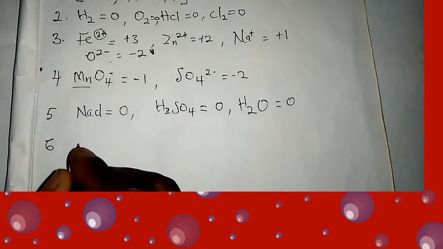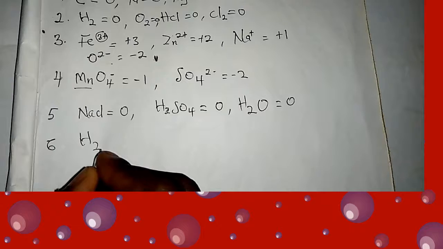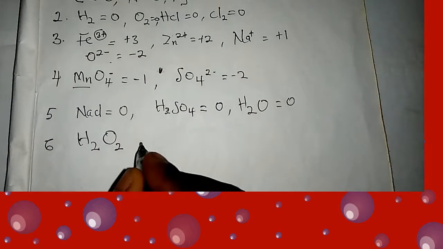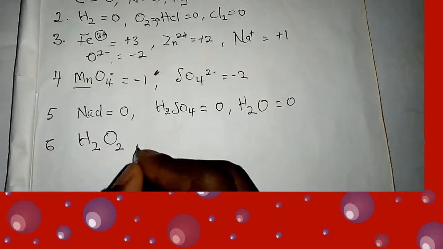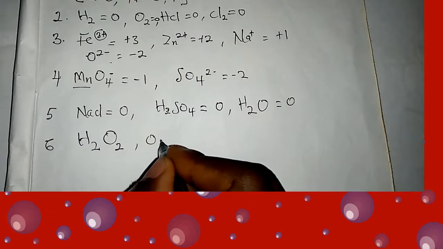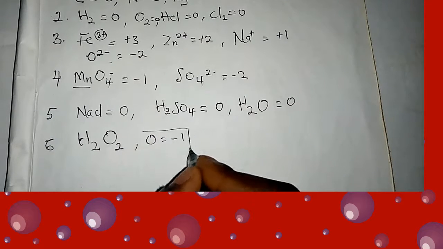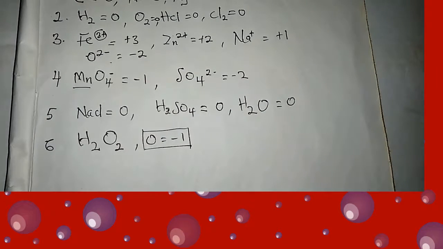But when you see oxygen in peroxide, then the oxidation state of oxygen is not equal to -2 but it's equal to -1. So in peroxide, we have the oxidation state of oxygen equal to -1.